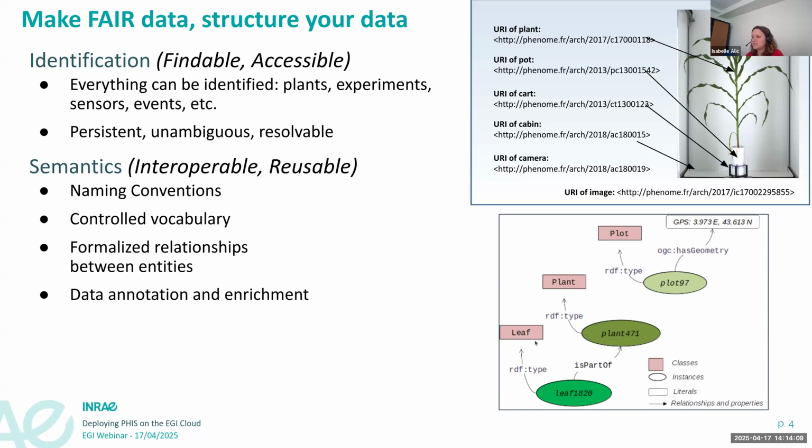And all the ontology and the controlled vocabulary and these relationships that are formalized between the entities will allow us to improve deduction of information, to have a good description of everything, to have someone looking at your data and making them understandable.